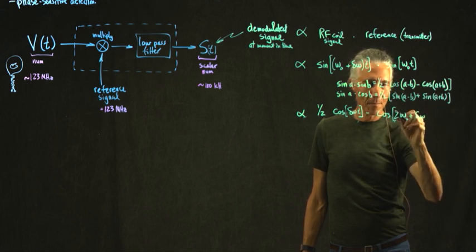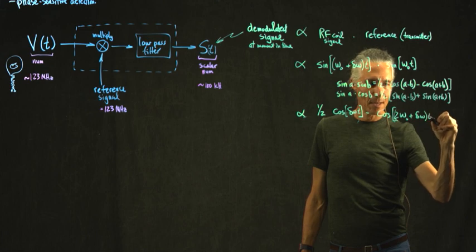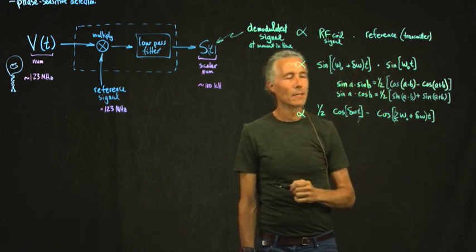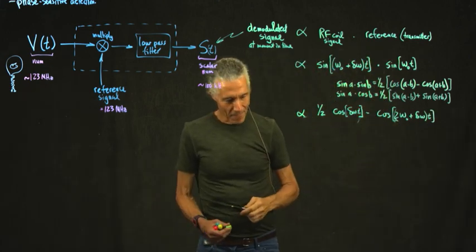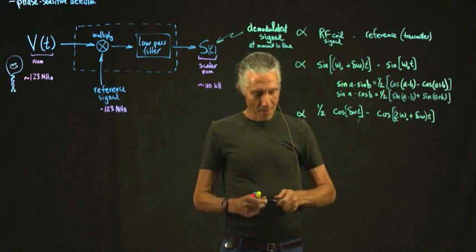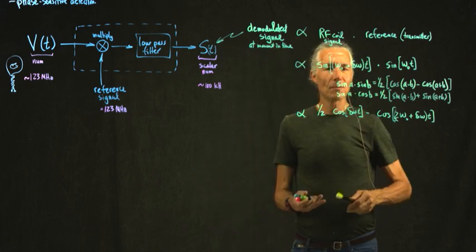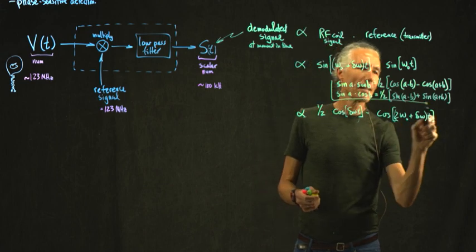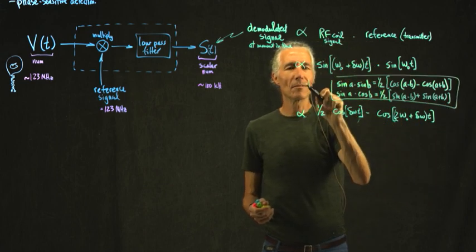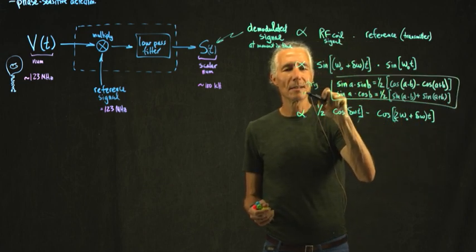We can ignore that, but that thing times time, cosine of that mess. So what does that mean? These are just some trig identities that we use to do that transition.